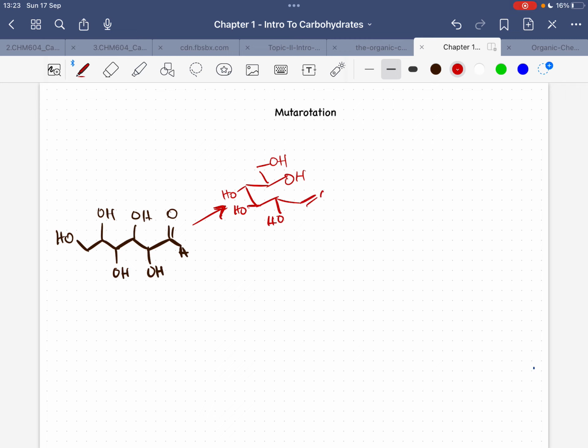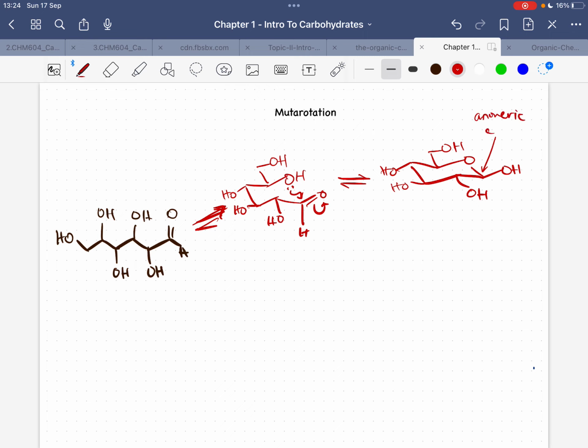And this will cyclize to form the, by the way, this is in equilibrium. Okay, this is the anomeric carbon. And since the OH is equatorial, this is a beta anomer.